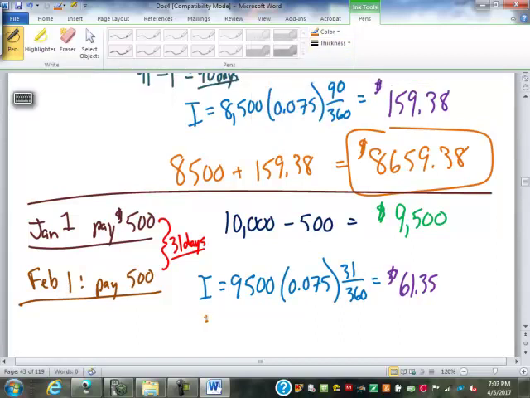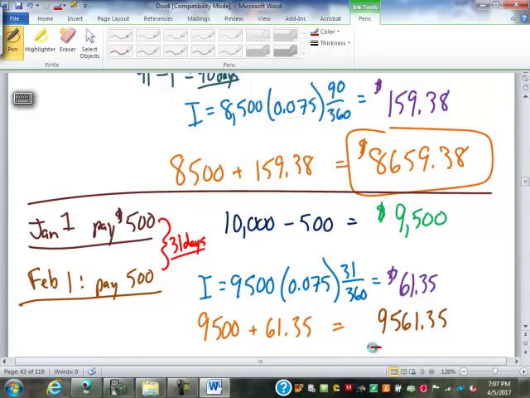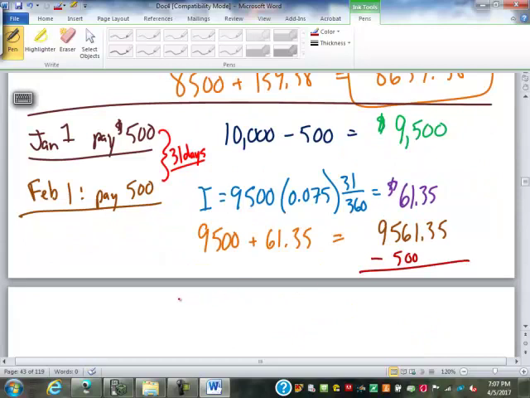So we take the 9,500 plus that interest of $61.35 to get our balance before the payment of $9,561.35, and then we subtract that payment of $500. So our balance after the payment is $9,061.35.